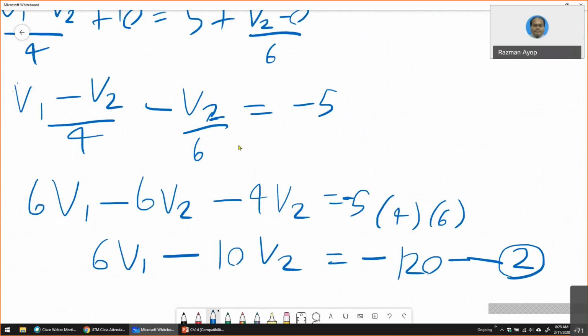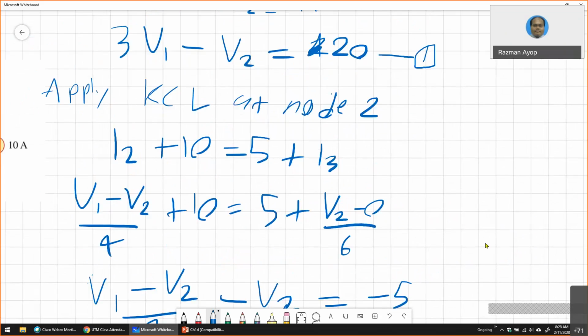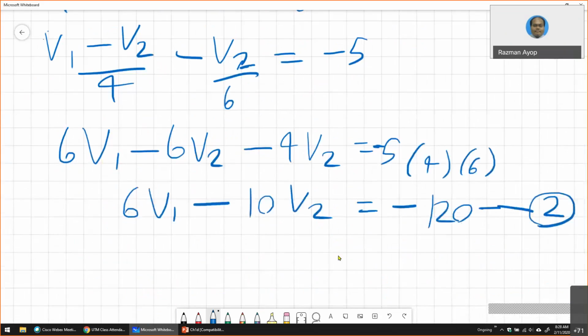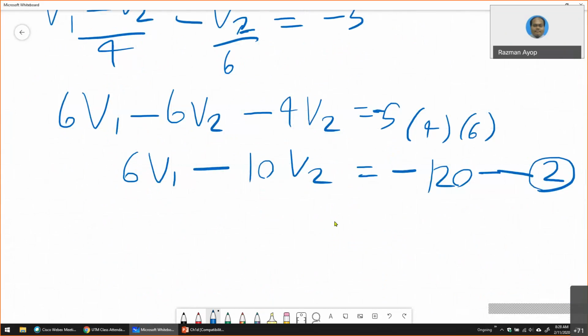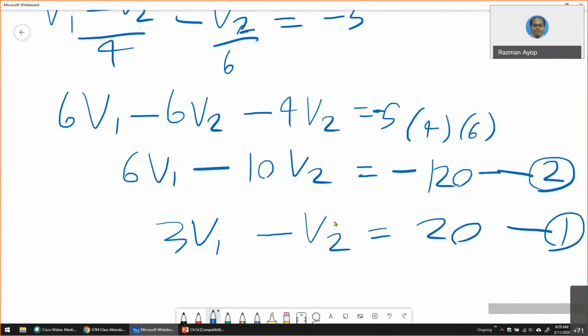So the first one is 3V1 minus V2 equals 20. So this is the first simultaneous equation. So using your calculator, you have to solve this.